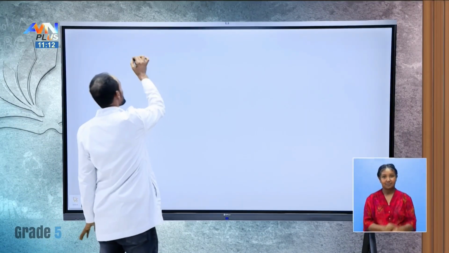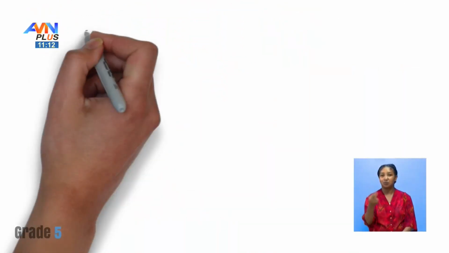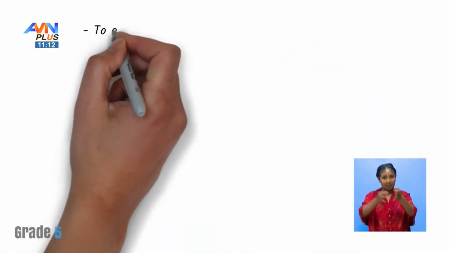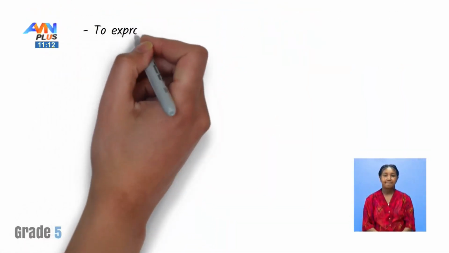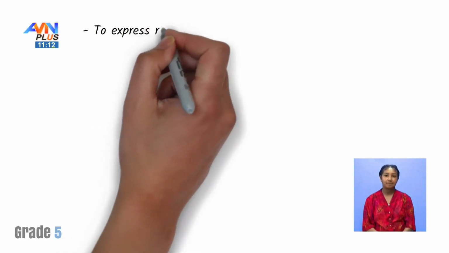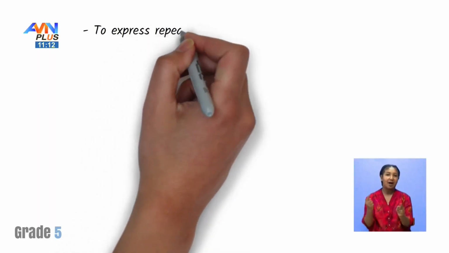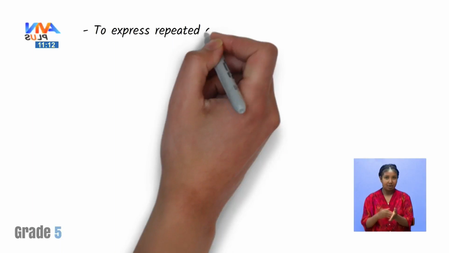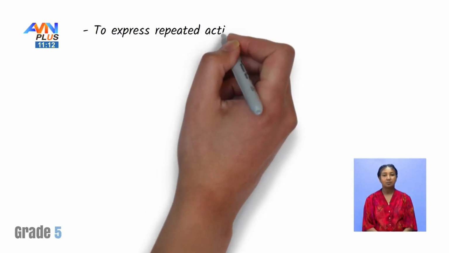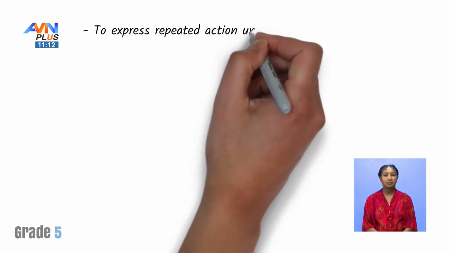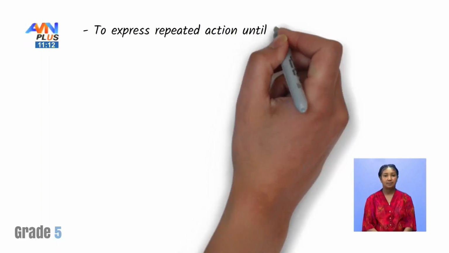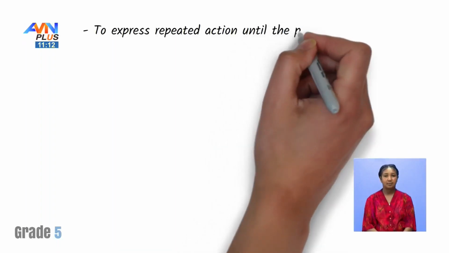Okay, let's go to another function of present perfect tense. Notice, another function is we can use it to express repeated actions until the present.